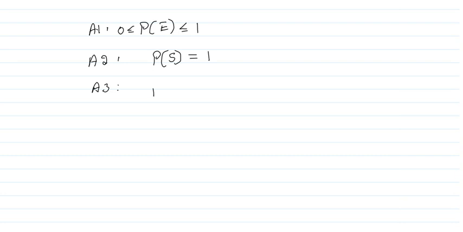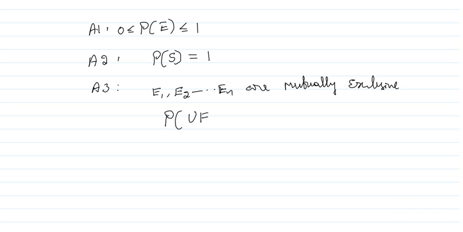If you have mutually exclusive events like E1, E2, E3 and so on, and you assume that these are mutually exclusive, then the probability of the union of these Ei's, they may be finite or infinite, for any of them it is true, is going to be the summation of the probabilities of the Ei's.